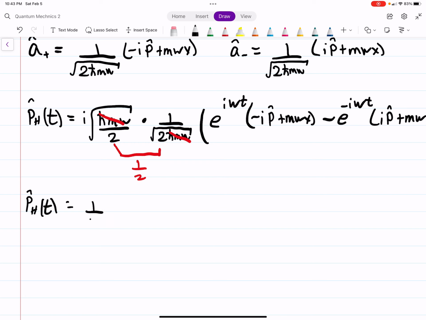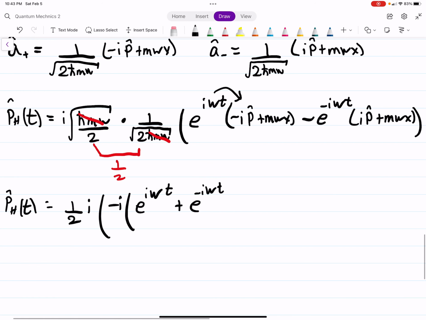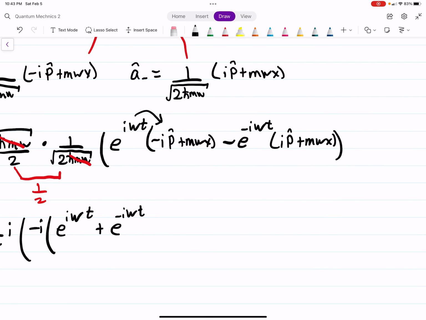So you get 1/2 i, and then we could distribute this, but I'm going to go ahead and just factor out the common i. So you would have e to the i omega t from distributing in here. You'd get your negative back, plus e to the minus i omega t coming from here.